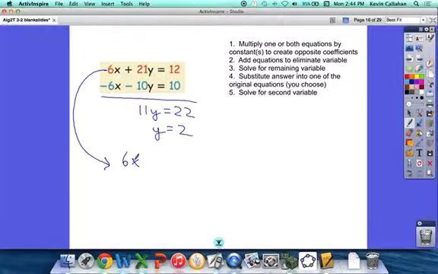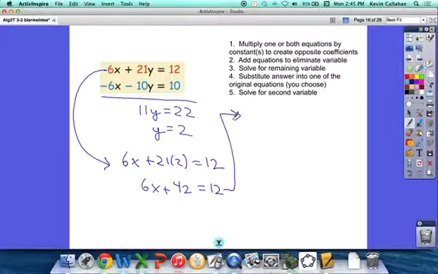6x plus 21 times 2 equals 12. 6x plus 42 equals 12. Okay, subtract 42. 6x equals -30. x equals -5.